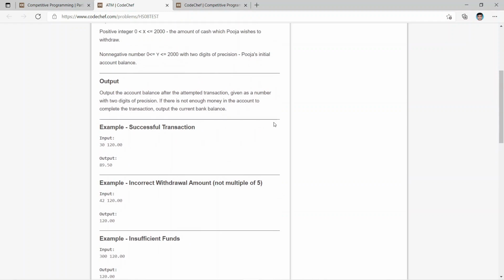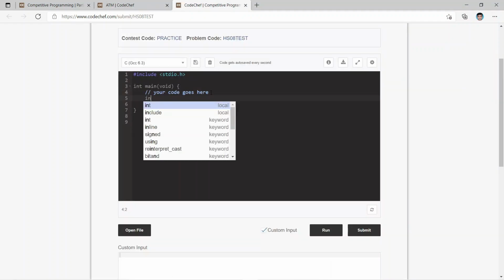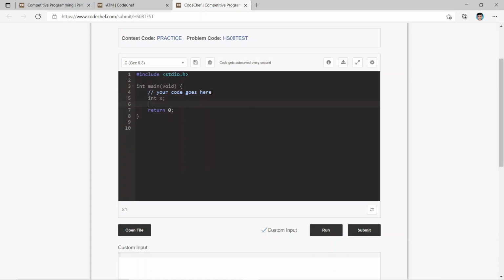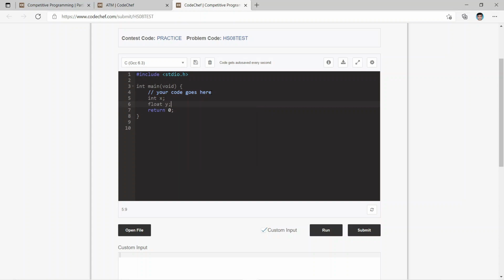So let's code it. First we have to take an integer x and a float decimal number y. Let's take it as input, %d for x and %f for y, so address of x comma address of y.